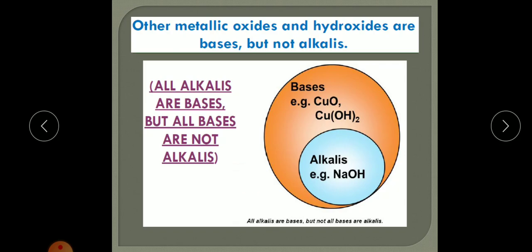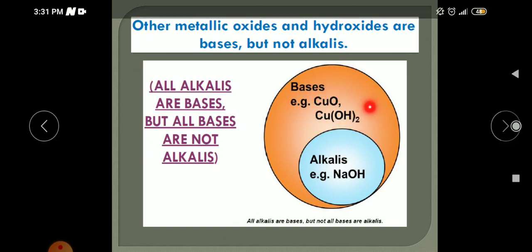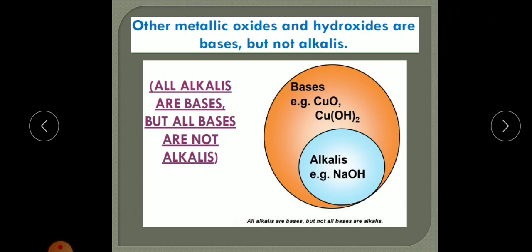To understand this, an alkali is a base which is soluble in water, but there are some bases which are not soluble in water, so they cannot be called alkalis. So the statement says that all alkalis are bases but all bases are not alkalis.